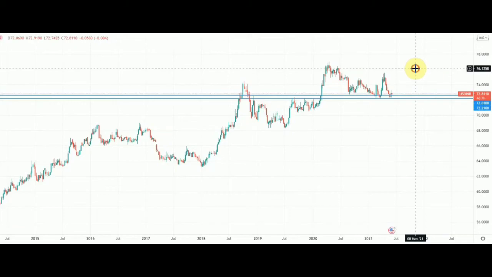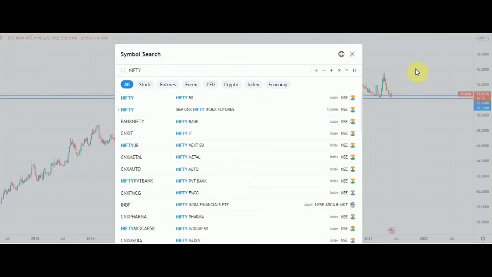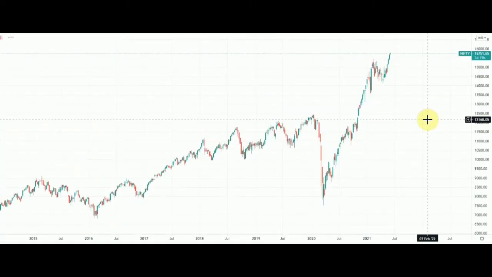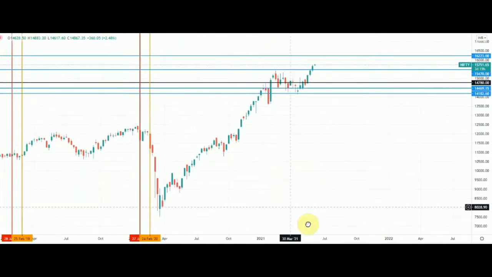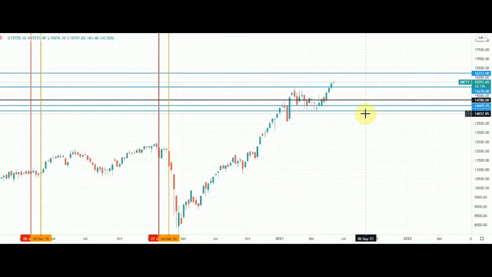Now let me just show you Nifty. I'll show the Nifty spot chart. Clear? So this is the Nifty spot weekly chart. For the last 4 months you can say, I had been sharing this Nifty chart where I mentioned the importance of 15,470.